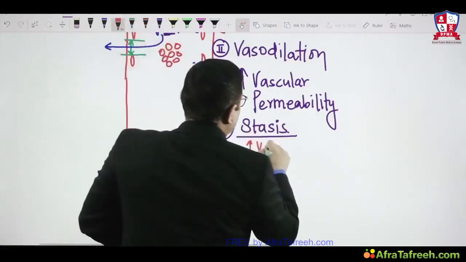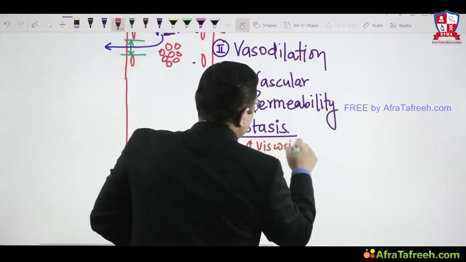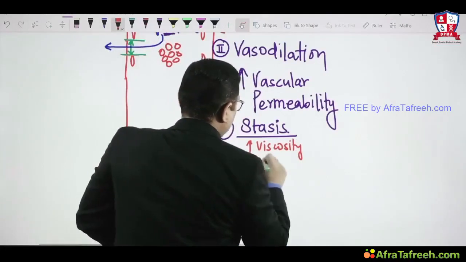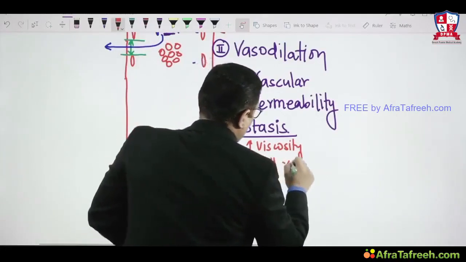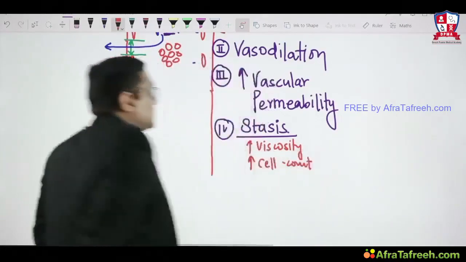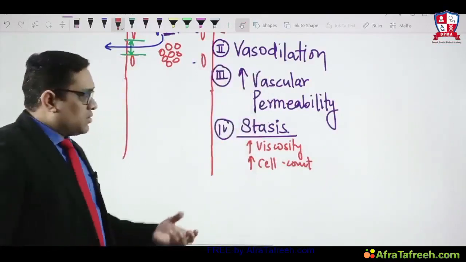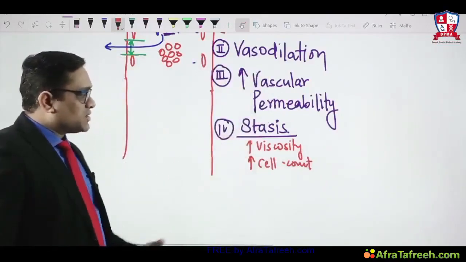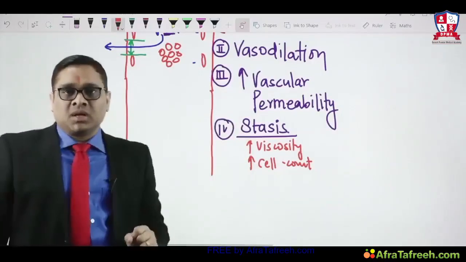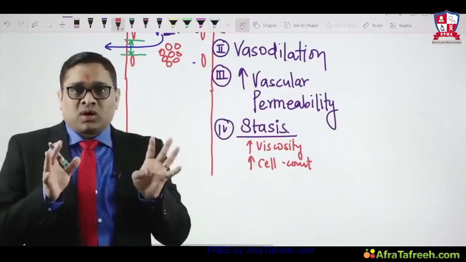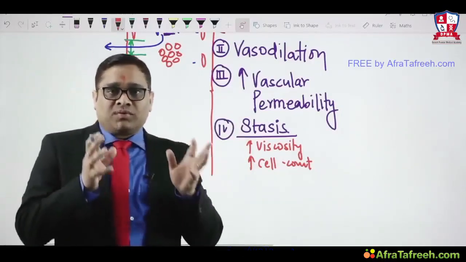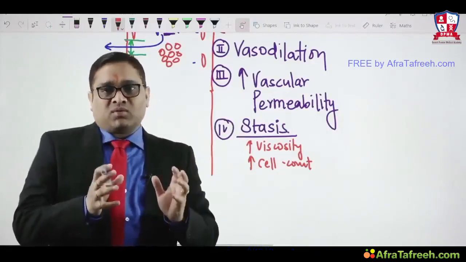Because of increased viscosity and increase in cell count. So because of the loss of fluid, viscosity was increased, cell count was increased, and that is why stasis has developed. So these are the 4 sequential steps of vascular events of acute inflammation.